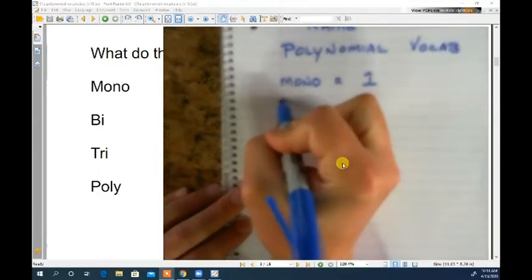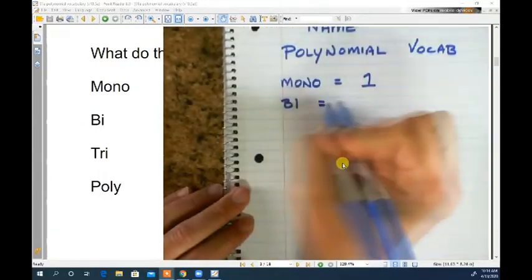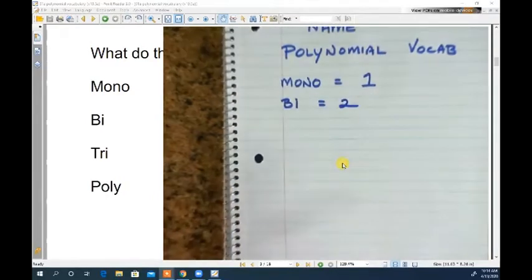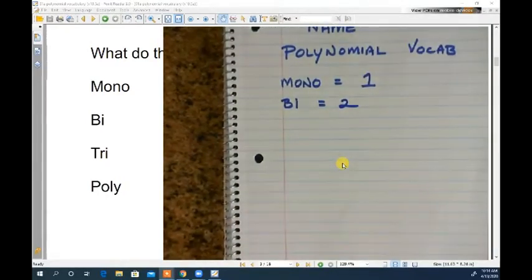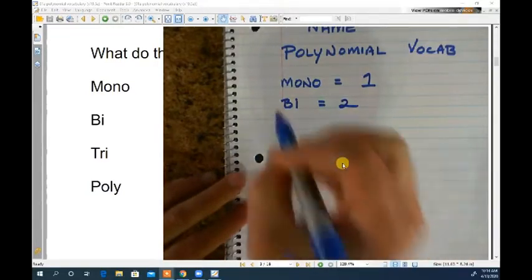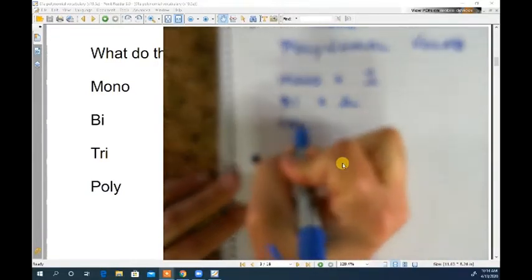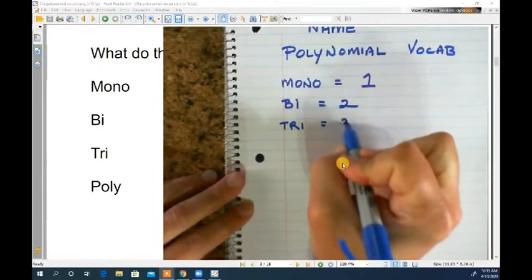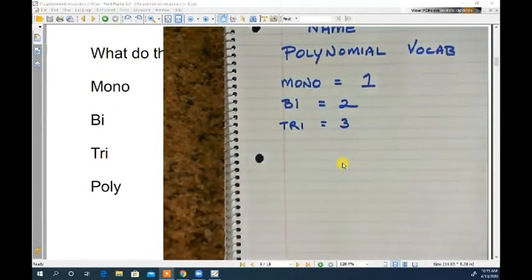Bi means two. Biplane has two wings. Bicycle has two wheels. Tri is three. Tricycle has three wheels. A triplane has three wings.